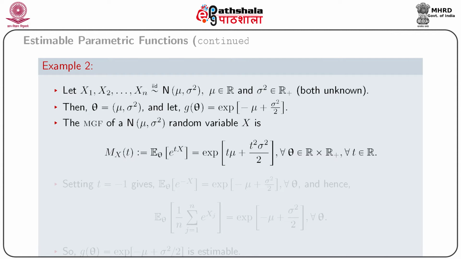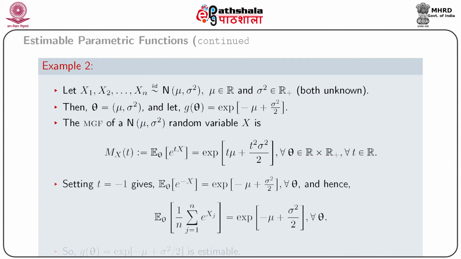From the MGF of normal distribution, we get expectation of e to the power tX equals e to the power t mu plus half t square sigma square for all theta and for all t. Setting t equals minus 1, we get expectation of e to the power minus X is equal to e to the power minus mu plus sigma square by 2, that is g theta for all theta.